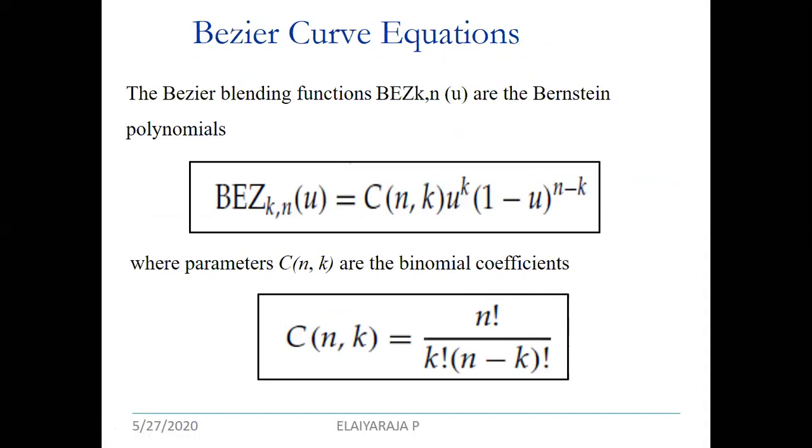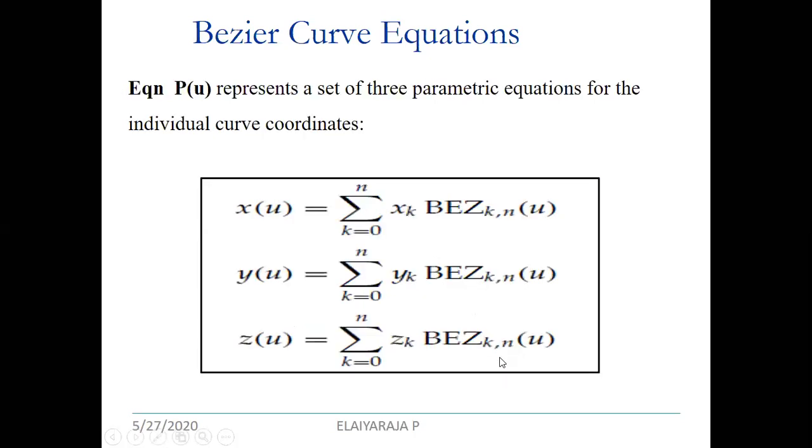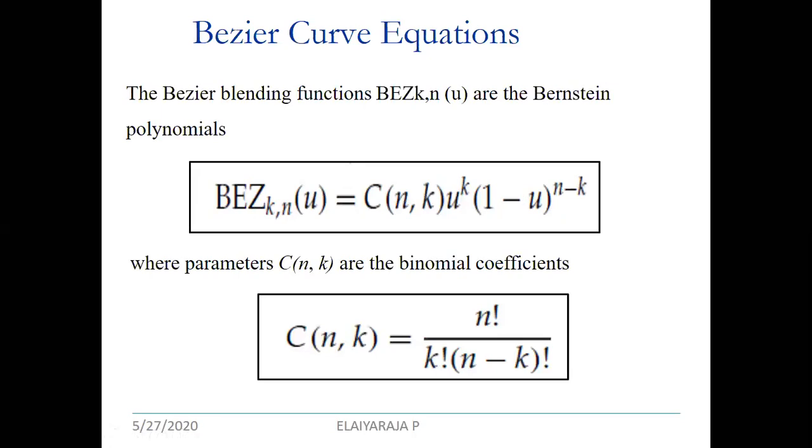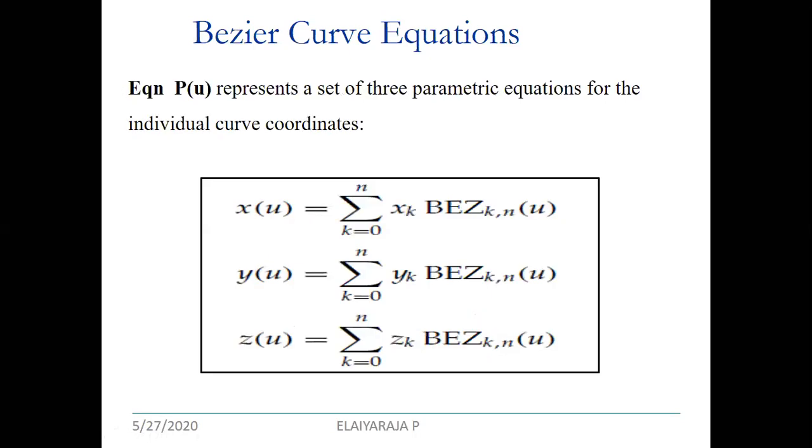The Bezier blending functions are also called Bernstein polynomials. You can write the Bernstein polynomial as BEZ(k,n)(u) equal to C(n,k) u^k (1 minus u)^(n minus k), where C(n,k) are the binomial coefficients. Generally, this is the Bezier curve equation.